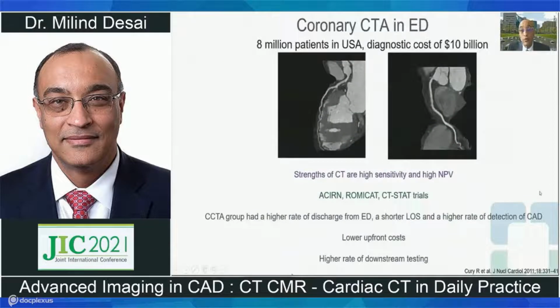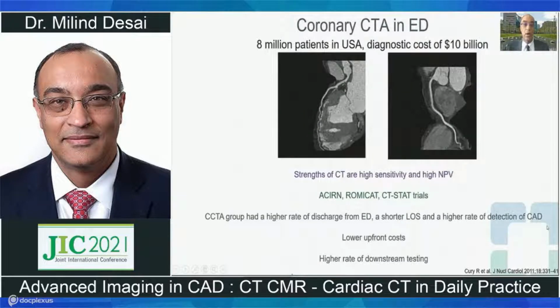There's a huge role of CT angiography in the emergency room. In the United States, this is a $10 billion industry. The strengths of CT angiography are very high sensitivity and a high negative predictive value. And multiple studies, the ACRIN, the ROMICAT, and the CT-STAT trial, have shown that the CT angiography group has a much higher rate of discharge from the emergency room, a shorter length of stay, and a higher rate of detection of coronary artery disease.